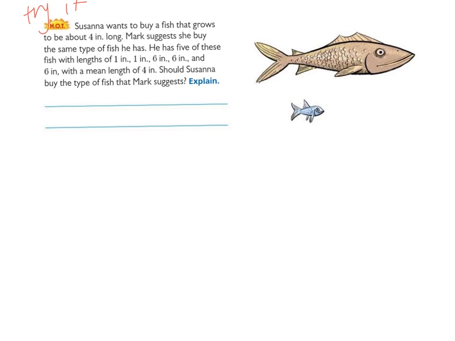He has 5 of these fish with the lengths of 1 inch, 1 inch, 6 inches, 6 inches, and 6 inches, with the mean length of 4 inches. Should Susanna buy that type of fish that Mark suggests? Explain. Okay? So I want you to say yes or no and why she should or should not buy that fish. Go ahead and do this on your own.